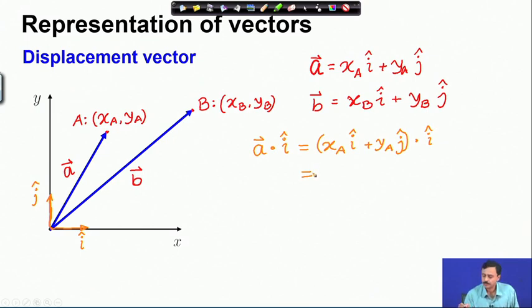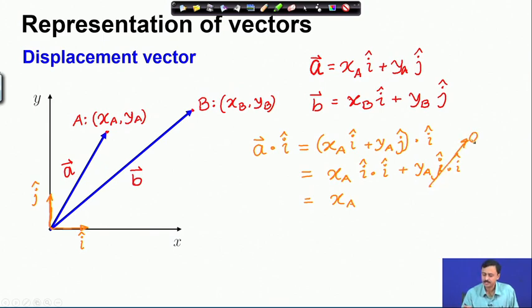So, using distributive property, I will get x a i cap dot i cap plus y a j cap dot i cap. i cap dot i cap is 1 because these are unit vectors. So, this becomes x a, and since i cap and j cap are orthogonal, this is 0.